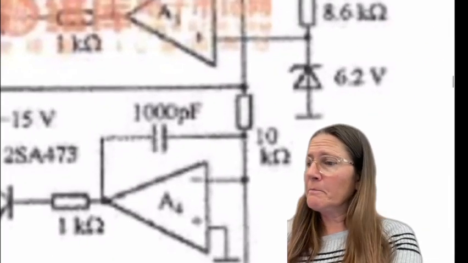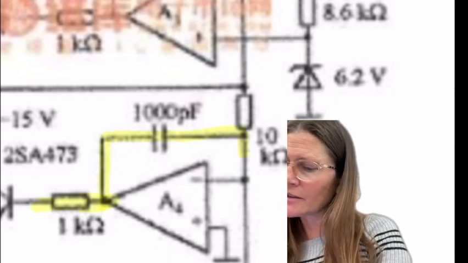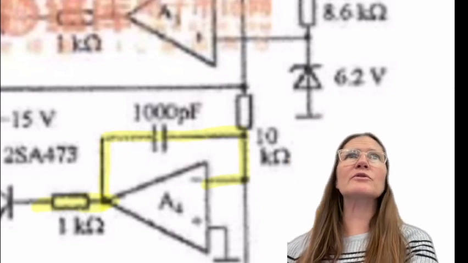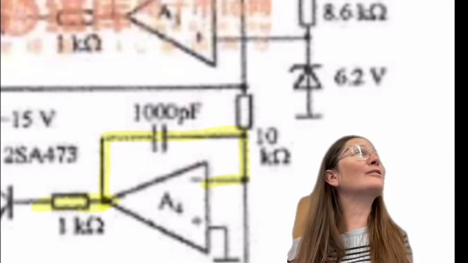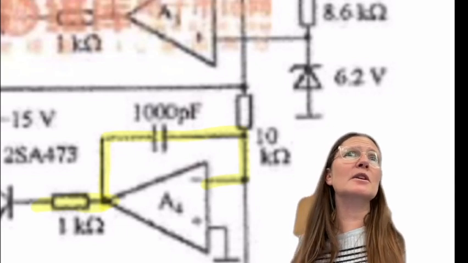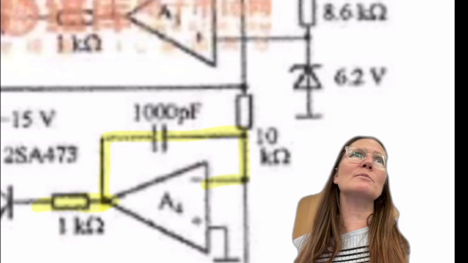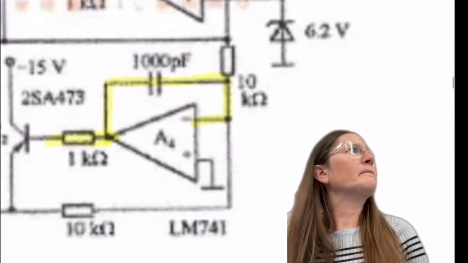This one, the output comes here, and then it does come back to one of the inputs through a capacitor. So this is an integrator or differentiator because of the capacitance in there, but it has feedback, so it's not going to be a switch. Okay?